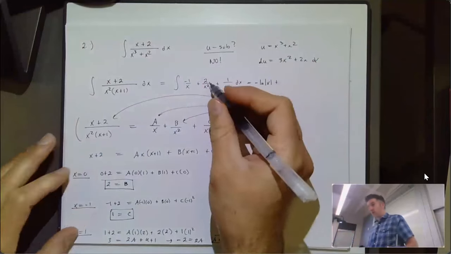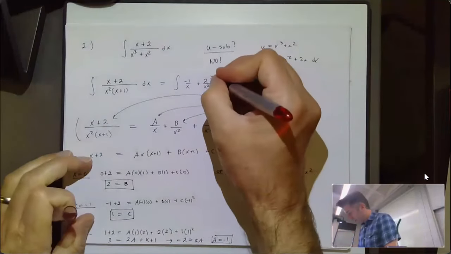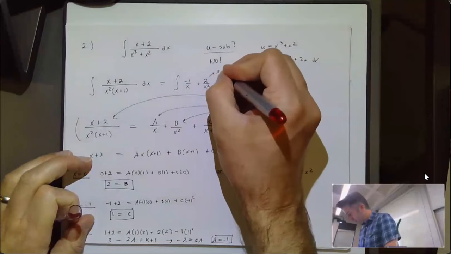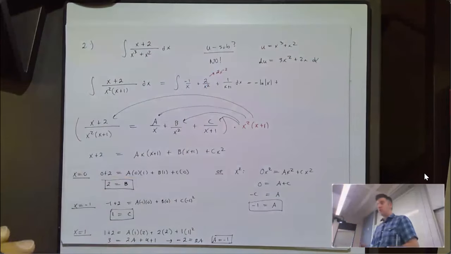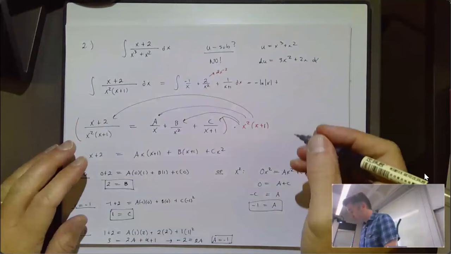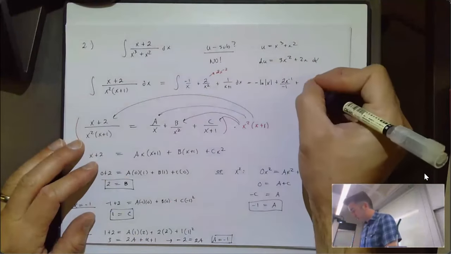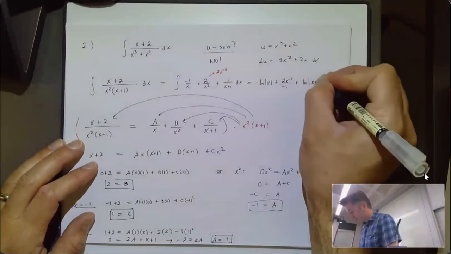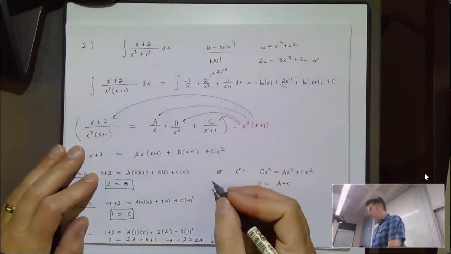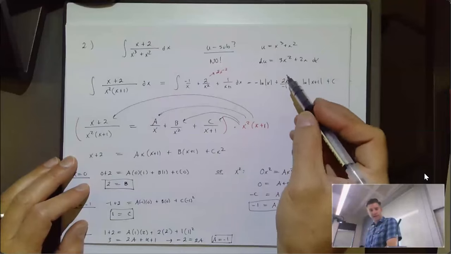The integral of 2 over x squared, which I'm really thinking of as 2 times x to the -2nd, is 2x to the -1st over -1. And then the integral of 1 over x plus 1 is the natural log of the absolute value of x plus 1, plus c.